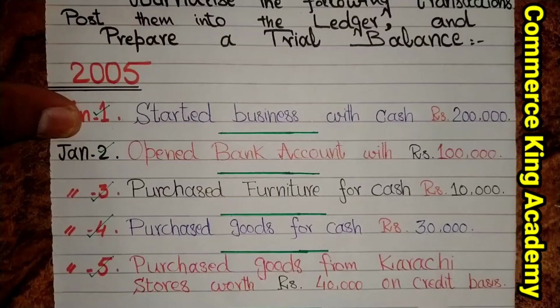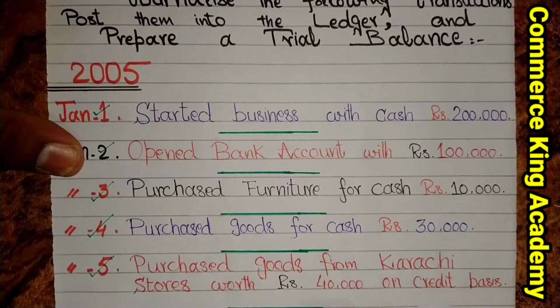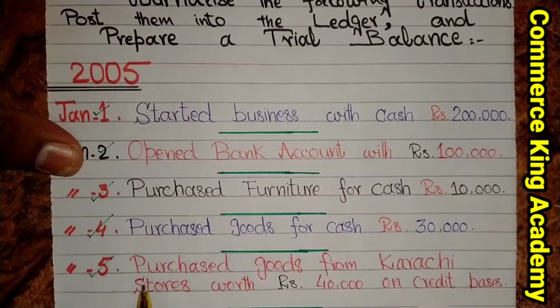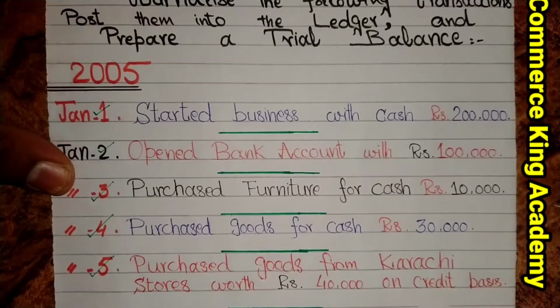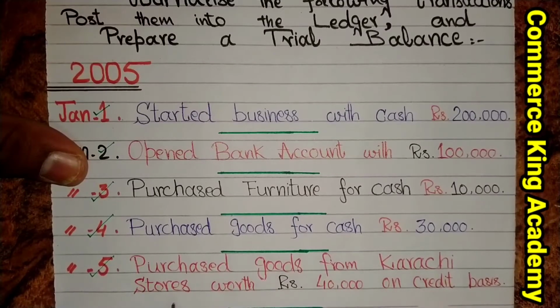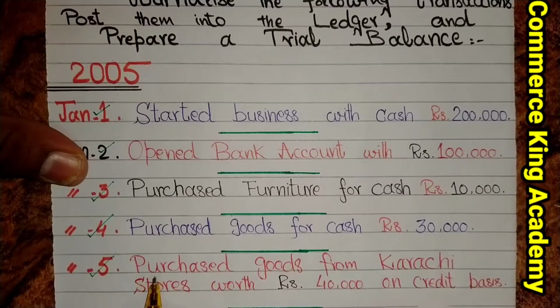The next transaction of this illustration is Jan 5th: purchased goods from Karachi Stores worth 40,000 rupees on credit, or on account basis. Do you understand this transaction? Karachi Stores is the supplier of the business and the business is the purchaser here.